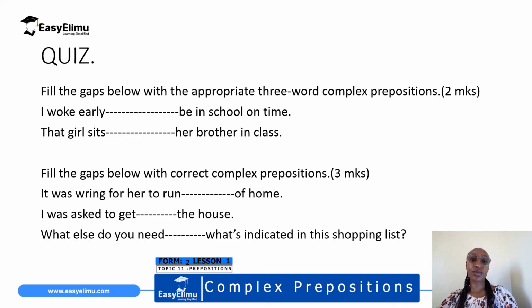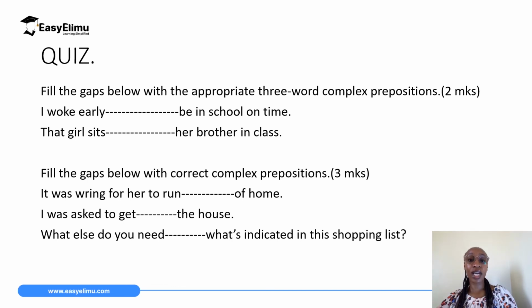And so that's it for this session. I hope you're now able to define a preposition, give examples of simple prepositions, two-word complex prepositions, and also three-word complex prepositions. And you're also able to construct sentences with each of them. For further practice, you can have a look at the quiz.